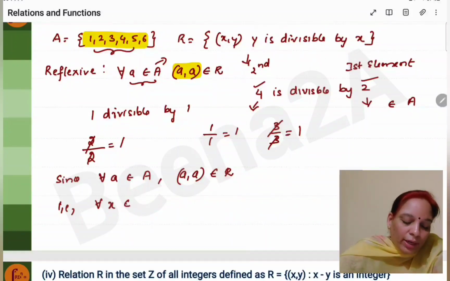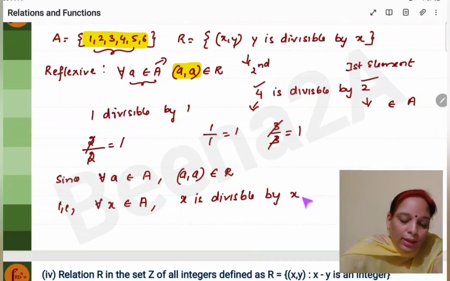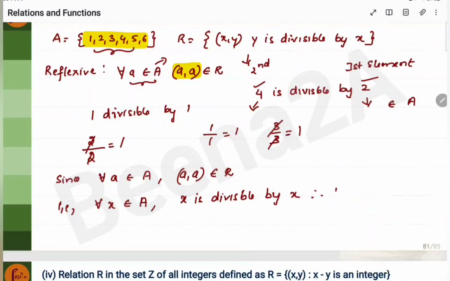For every element x belonging to set A, x is divisible by x. Therefore, R is reflexive because x is divisible by x.